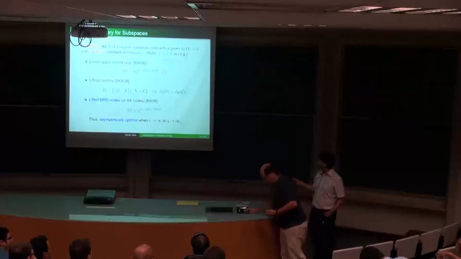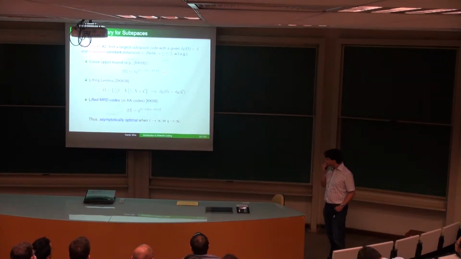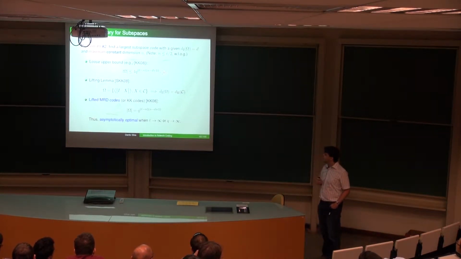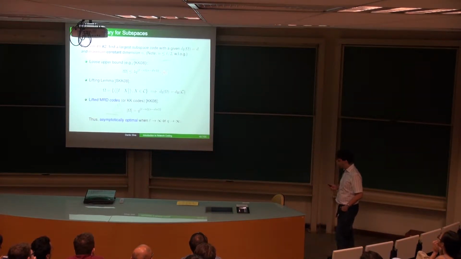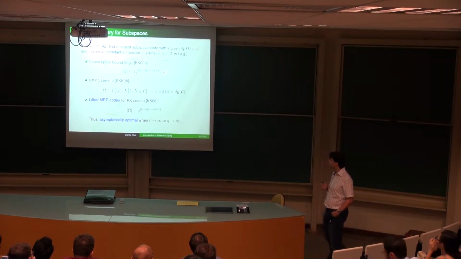I mentioned that we can use lifted MRD codes to build good subspace codes for that problem, and that those lifted MRD codes are asymptotically optimal. So they're almost optimal codes for that problem. So I think it's worth learning about how these MRD codes are constructed.